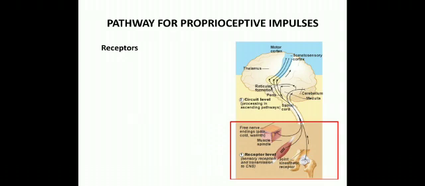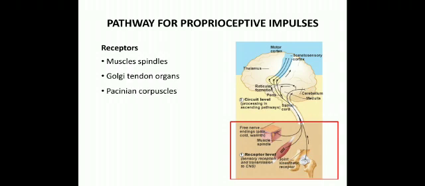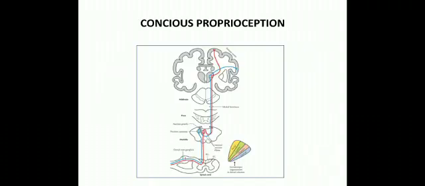Now the pathway for proprioceptive impulses. The receptors include the muscle spindles, the Golgi tendon organs, the Pacinian corpuscles and the unencapsulated nerve endings. So, diagrammatically we can represent it in a simplified manner like this.